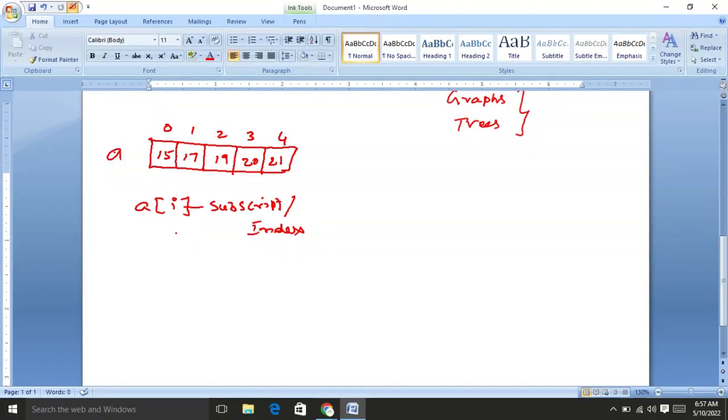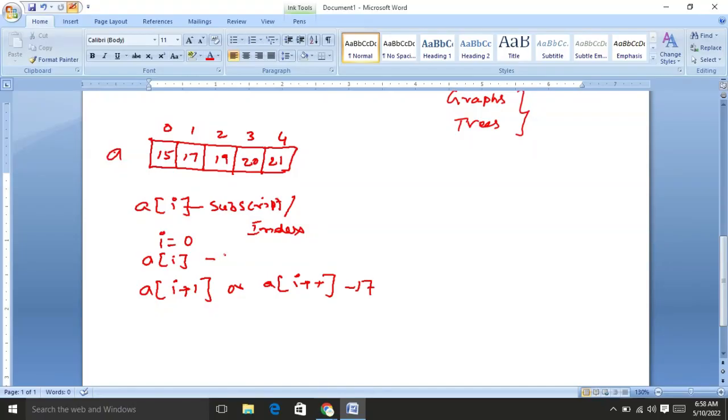Simply, I write I value equal to 0, A of I, that means the first element is accessed. Then I increase the I value, A of I plus 1, we can write. Then the I value is increased from 0 to 1, and 17 is accessed, right?